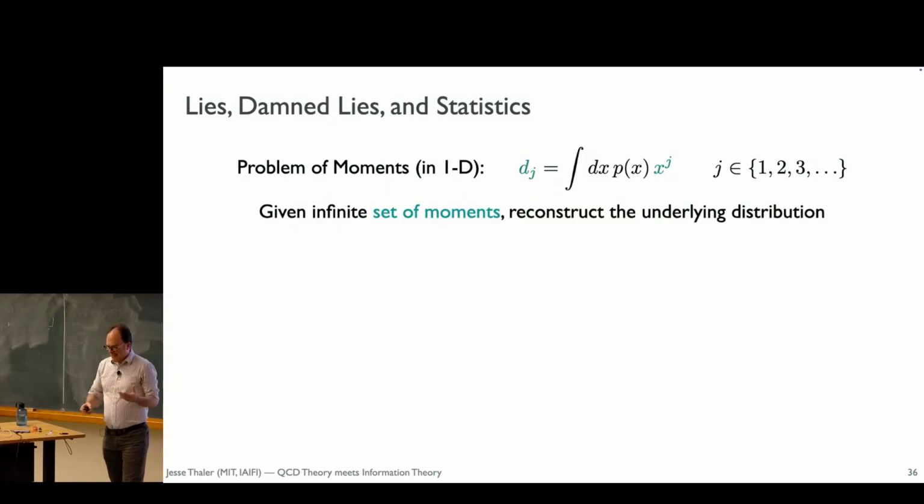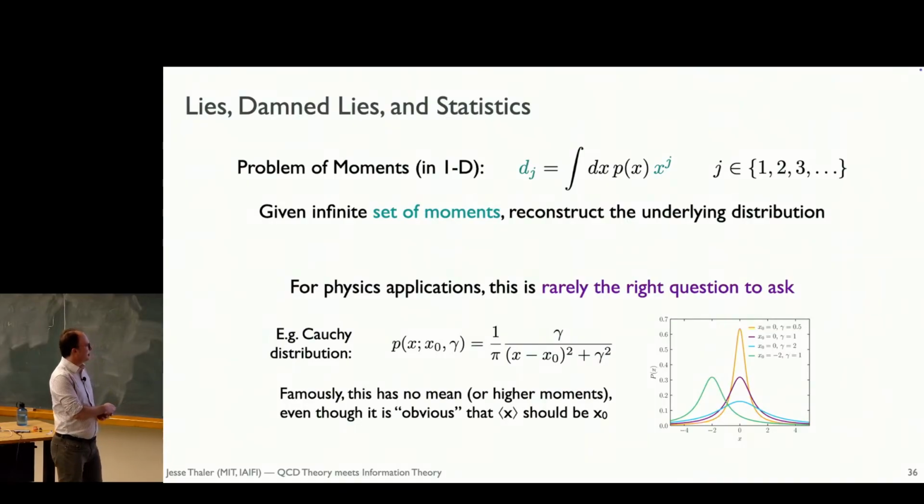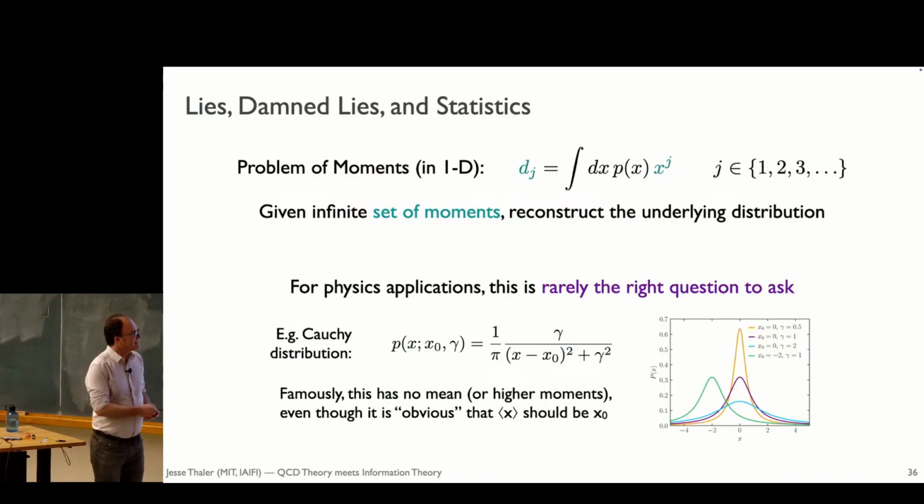And what I want to say is that actually this is not a good idea typically in particle physics contexts. An example where you just fall flat on your face is the standard Cauchy distribution. The Cauchy distribution, which appears when you have a resonance, is famously a distribution that has no mean or higher moments. That is the procedure that you would do in the method of moments.